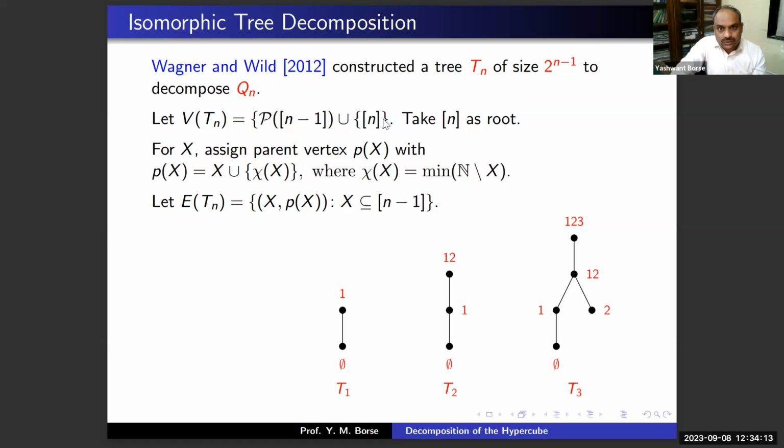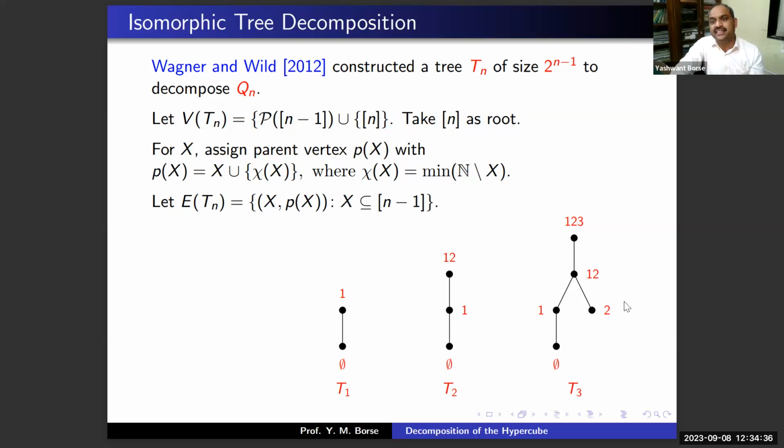For example here, 1 is a parent of empty set. Here for T2, you have n equal to 2, so this set is 1, 2. Empty set, 1 is a parent of empty, and 1, 2 is a parent of 1. So this is your T2.